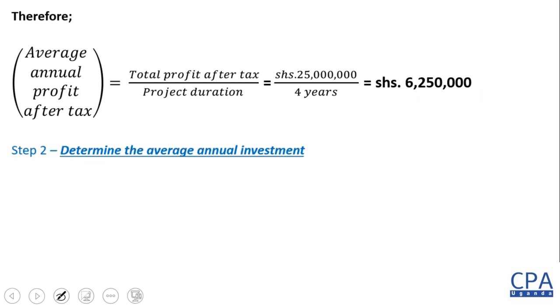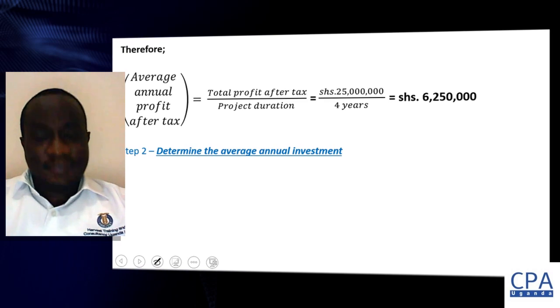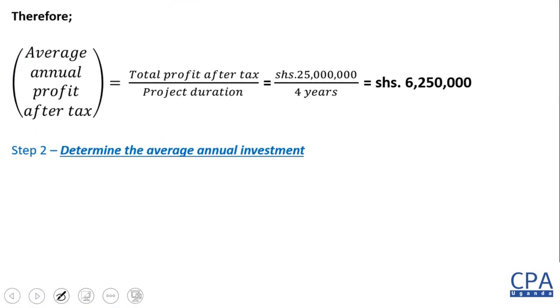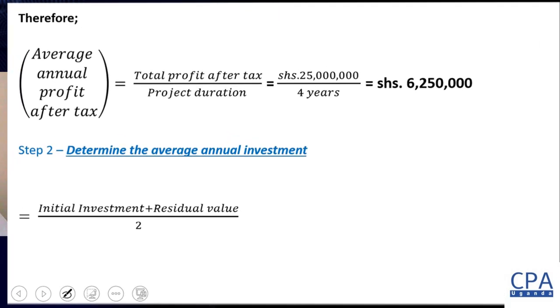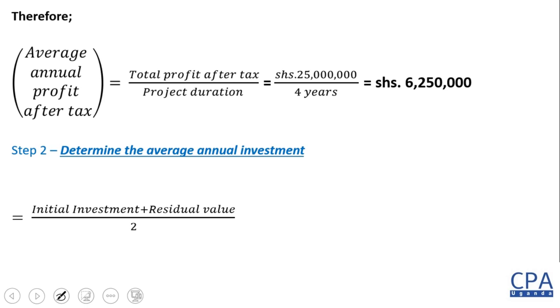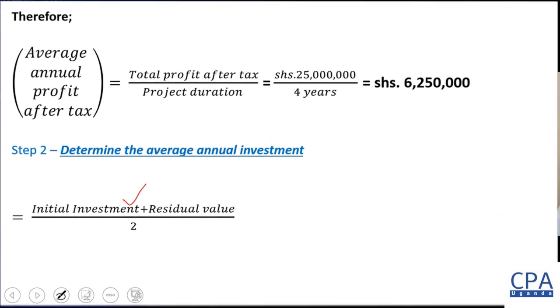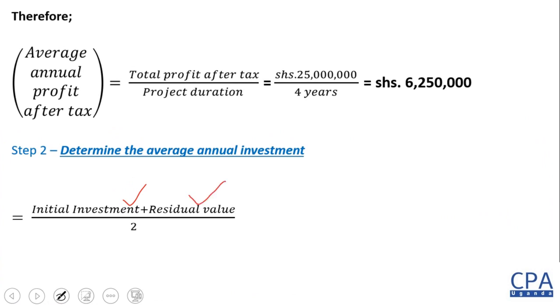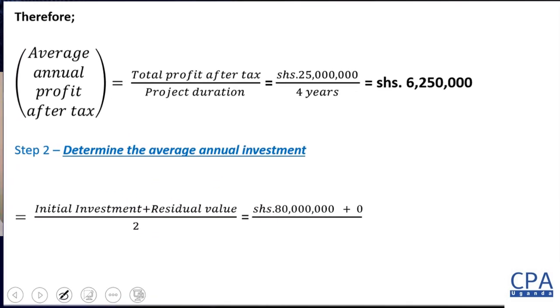So we proceed to step number 2 to determine the average annual investment. Again, from our previous discussion, we have appreciated the formula for determining the average annual investment. And this is our very nice formula here. We have said that for the average annual investment, we get the initial investment, add on the residual value, and divide by 2. So, what is my initial investment? That is your 80 million.